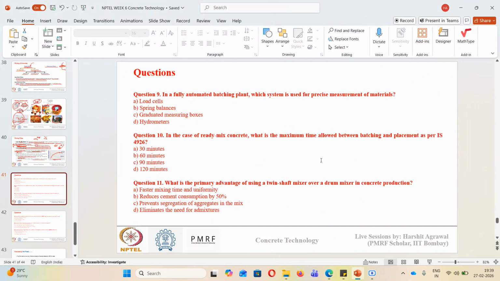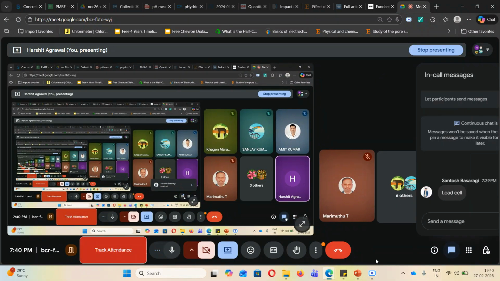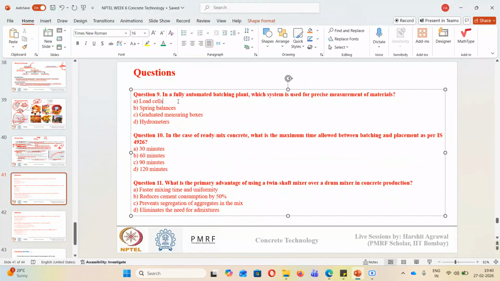In a fully automated batching plant, which system is used for precise measurement of material? Yes, the correct answer is load cells. Load cells basically convert the mechanical force into an electrical signal.